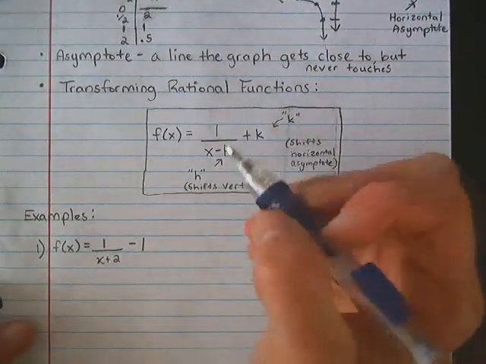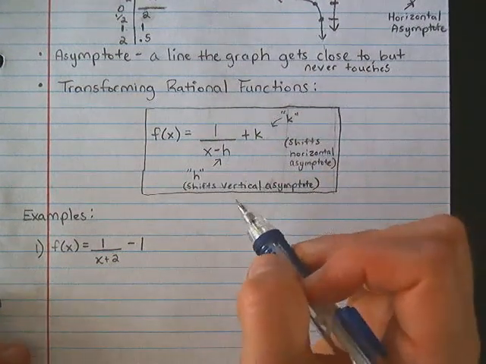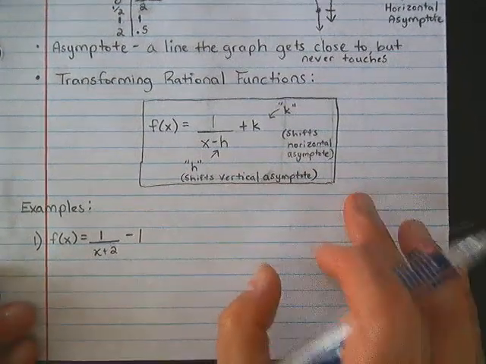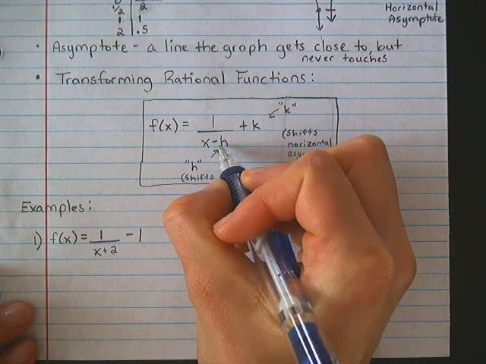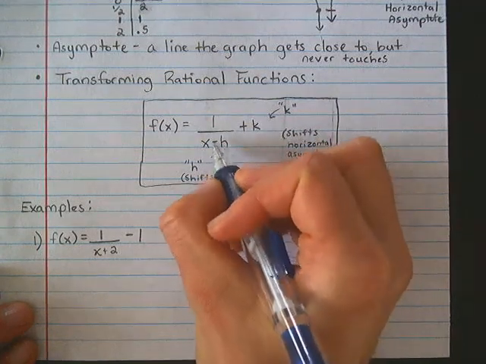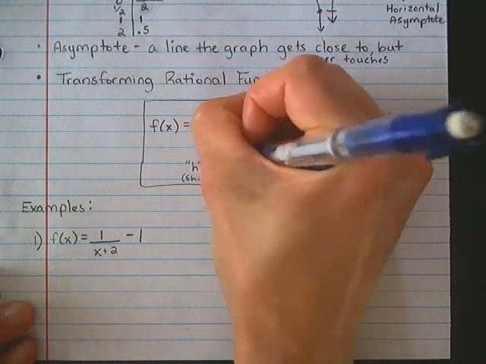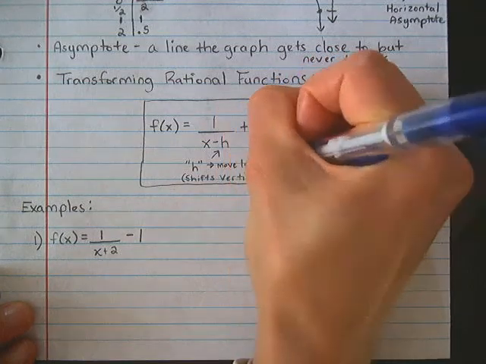Okay. So the two things we're going to work on is moving it left and right and moving it up and down. So if you remember when we did transformations before, if there's something happening with the x values, it's happening to the x part, then remember that number is going to move the graph left or right. And remember, it does the opposite of what it says.